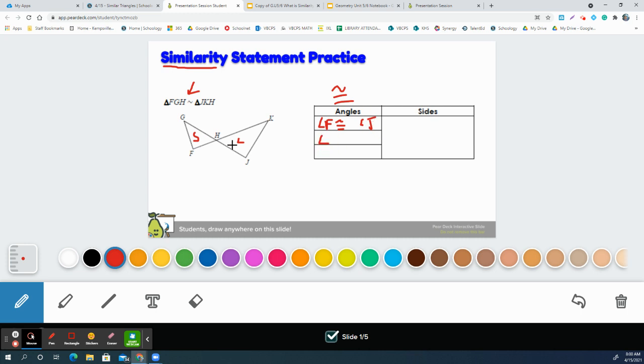Angle F goes with angle J, and then angle G goes with angle K, and then angle H and angle H, right?